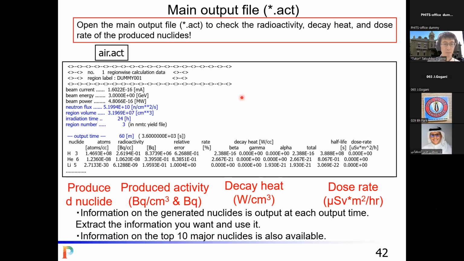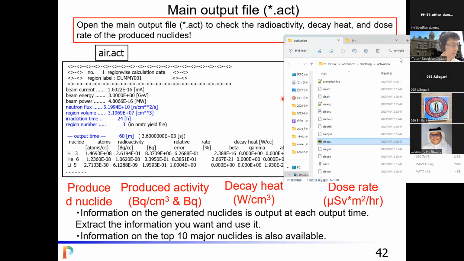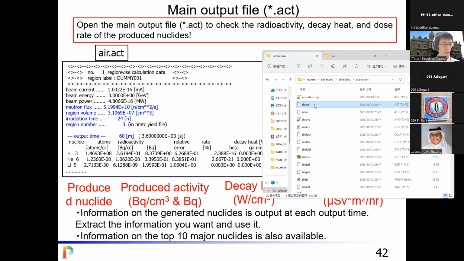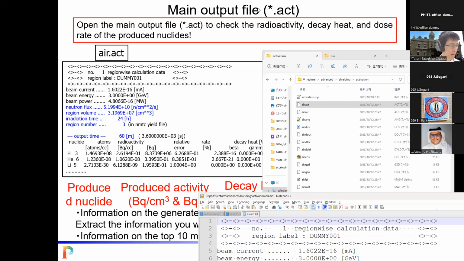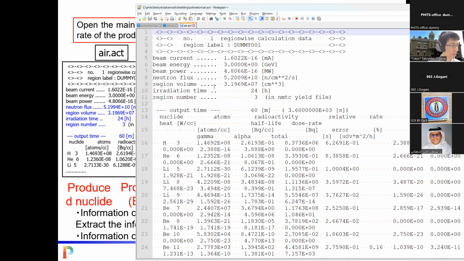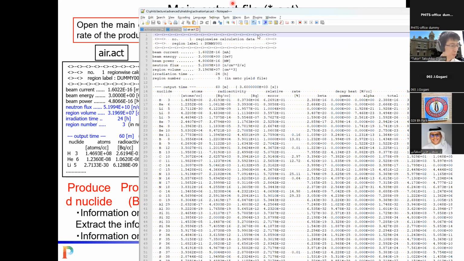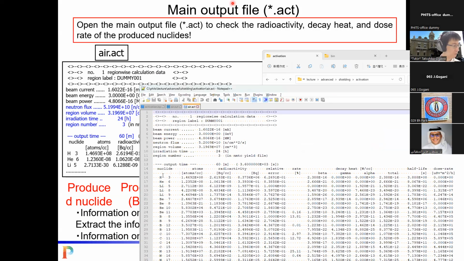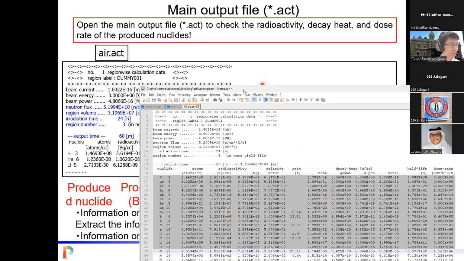One of the most interesting outputs is the .act file, the summary of all produced nuclei. In this way, we can see the table of radioactive products due to neutrons and a direct reaction of high energy particles.